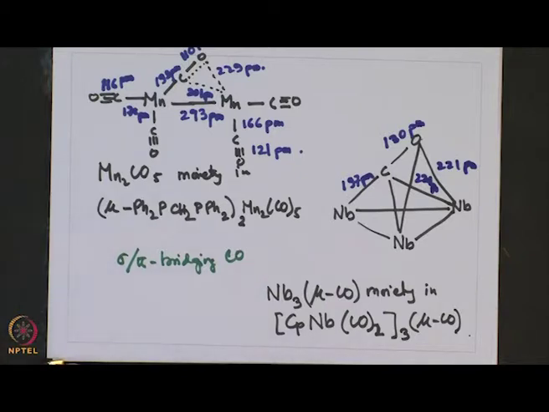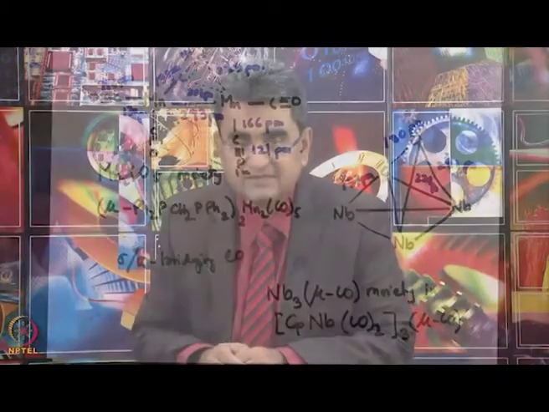So, these bridging sigma pi carbonyl compounds exhibit longer metal-carbon distance as is expected, and also the pi interaction with the metal is even weaker, and that gives even longer distances.